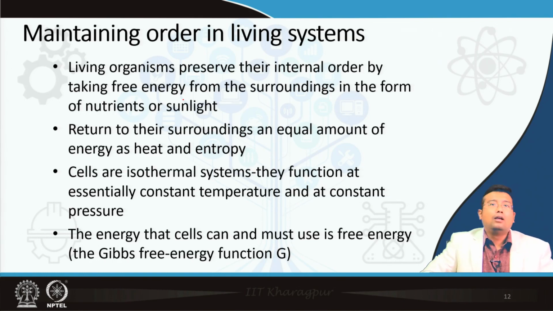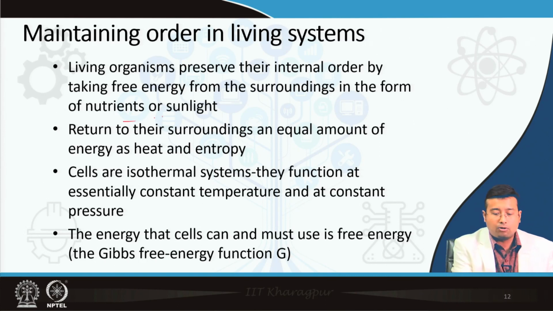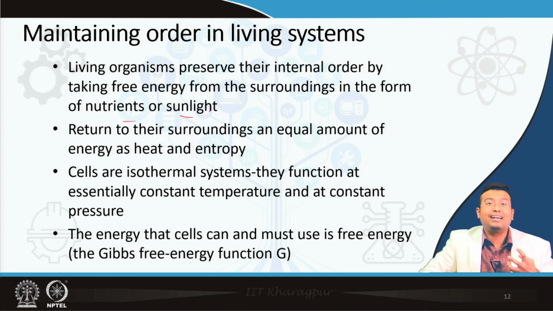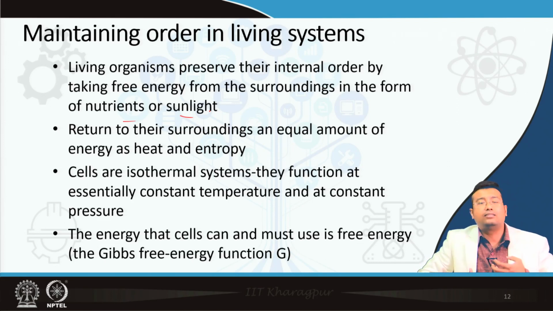So, how do we gain energy? We gain energy from our surroundings in the form of nutrients or light, that is either food or sunlight, and we also continuously return energy to the surroundings in the form of heat. Maybe you are not feeling hot, but through microperspiration, heat is constantly lost from our skin.